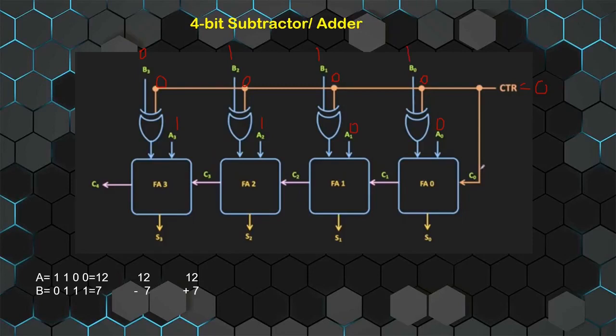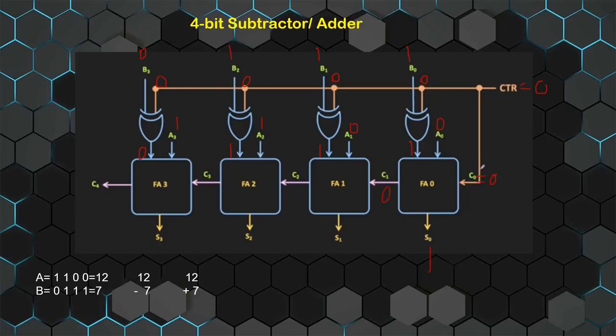So 1, 0 output will be 1, 1, 0, 1, 1, 0 it is 1, and 0, 0 it is 0. Okay, so the inputs now became 0, 1, 1, 1, 1, 0, 1, 0.